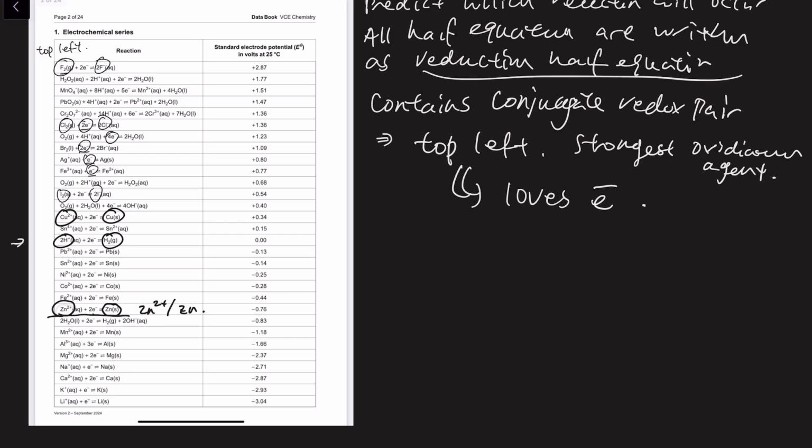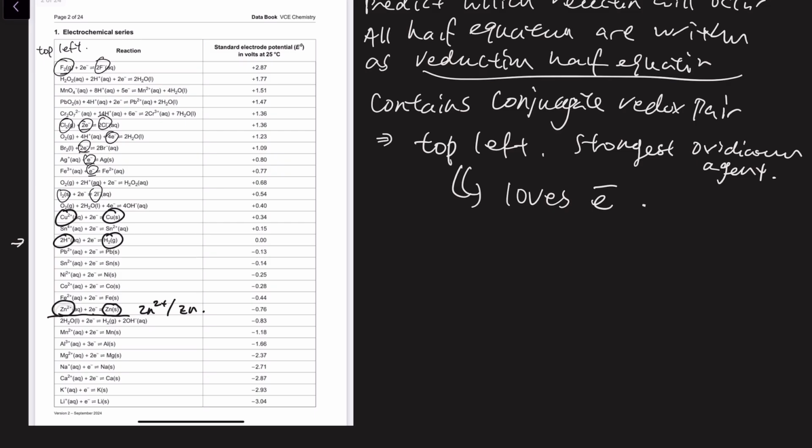It really wants to gain electrons, really wants to turn into fluoride ion. On the other hand, the fluoride ion is not very reactive because it really wants to stay in the state where it gained the electron. So to turn fluoride ion into fluorine gas is very, very difficult. And to turn fluorine gas into fluoride ion is really, really easy.